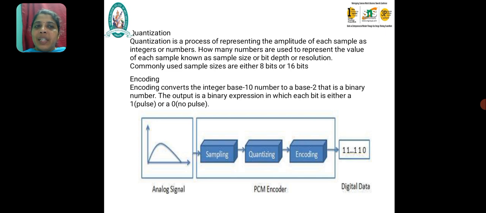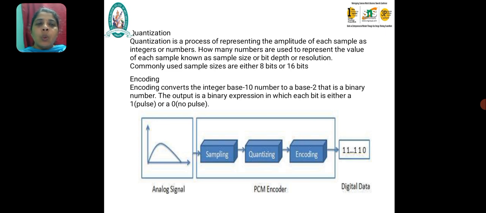Quantization measures the quantity of waves, or the amount of sound, required while converting from analog to digital signal. Here is the definition: quantization is a process of representing the amplitude of each sample as integers or numbers. It can be represented only through an integer or number.